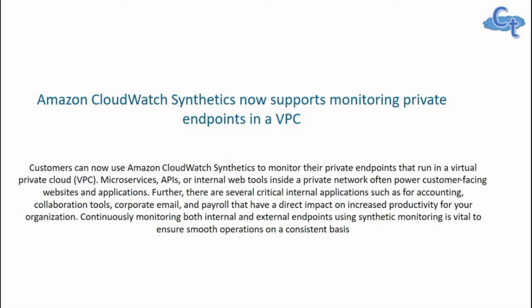Continuously monitoring both internal and external endpoints using synthetic monitoring is vital to ensure smooth operations on a consistent basis. Synthetic monitoring enables you to create canaries to monitor your endpoints and APIs. These canaries are configurable scripts that follow the same route and perform the same actions as a customer. This enables an outside-in view of your customer experience and service availability.